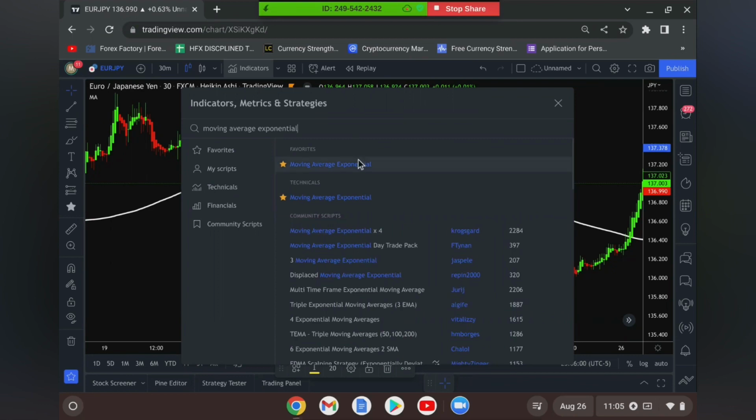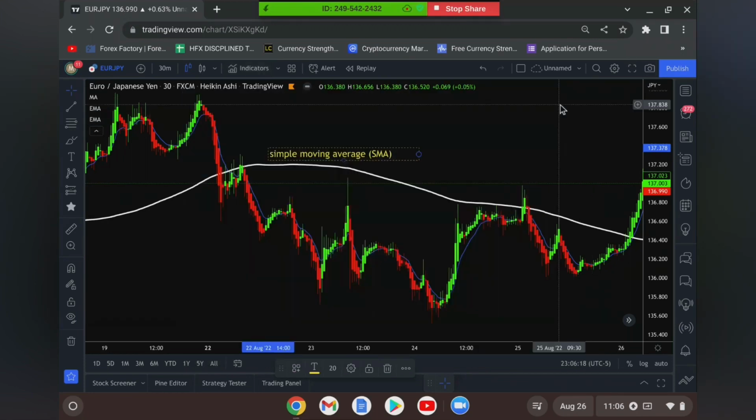I'm just going to click this twice, 1, 2. And now we have two new exponential moving averages here on the screen. As you can see, it says EMA. So I'm going to exit out of this, and let's go ahead and work on these EMAs.